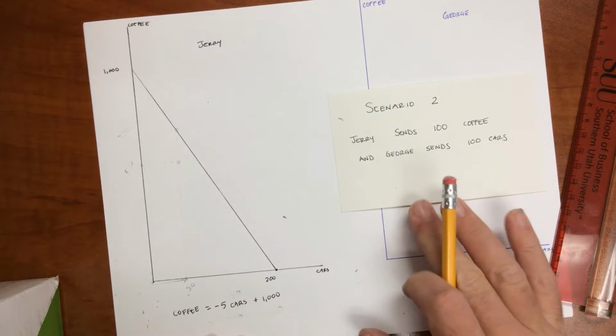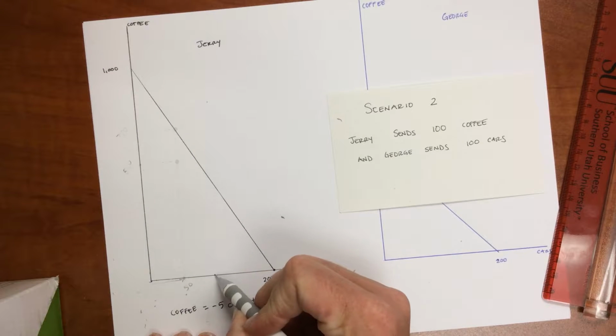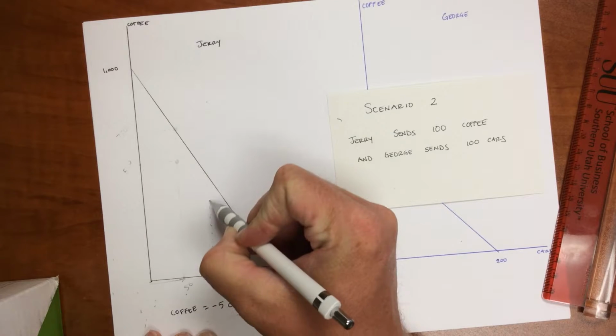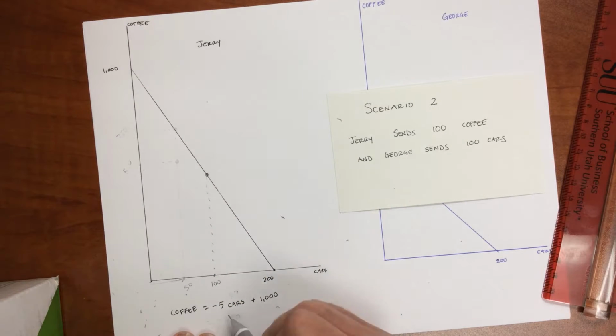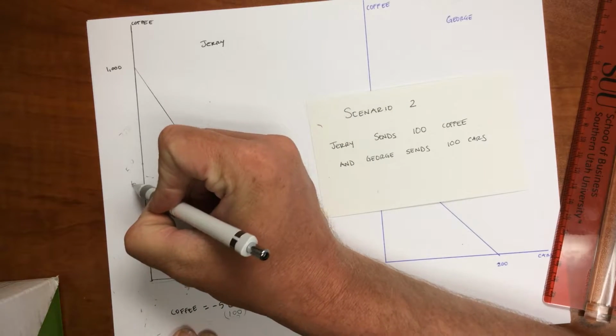So if George is going to send Jerry 100 cars, we want to ask, well, what's that point here? So if he gets 100 cars, what's that point on Jerry's PPF? So I put 100 in for cars. -5 times 100 is -500, plus 1,000 would be 500.